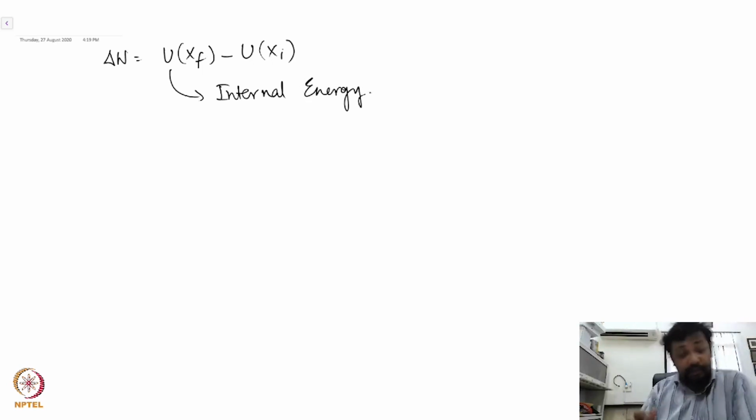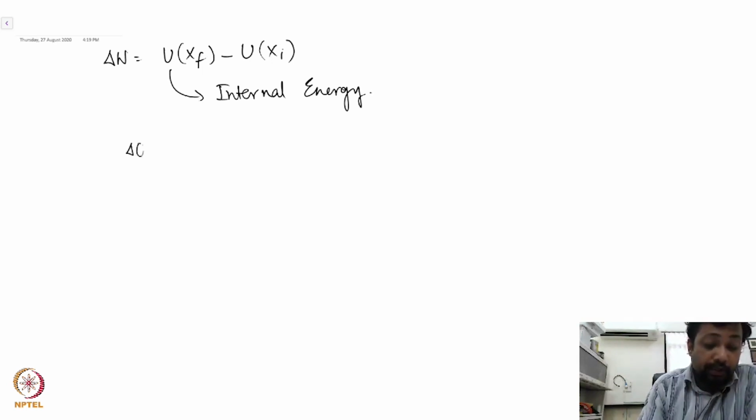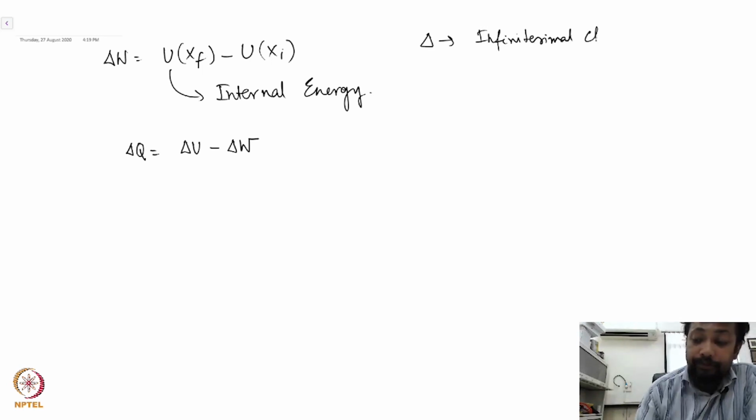If I remove the constraint of an adiabatic process, which means the system is allowed to exchange heat in going from state A to B, then the general rule is delta Q equals delta U minus delta W. Now remember, delta is always an infinitesimal change.